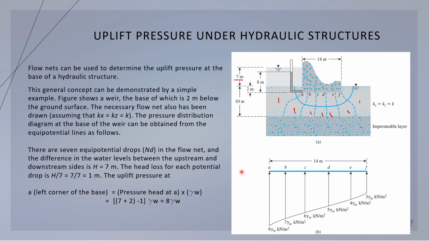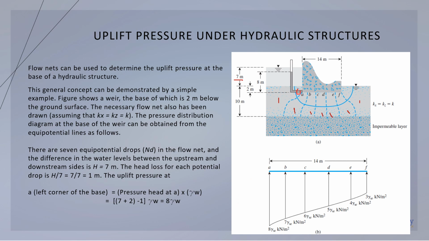So pressure head at A is equal to 7 plus 2, kay 7 man ang tubig, and then nakalubong siya 2. And then sa A, makaagi siya og isa ka equipotential drop, which is isa ka square. So from this one, the water elevation is 9 minus isa ka equipotential drop. Kaya kaagi niya isa ka square diri.